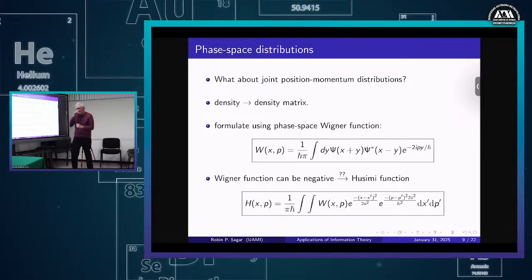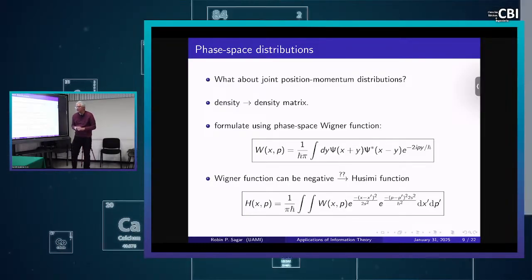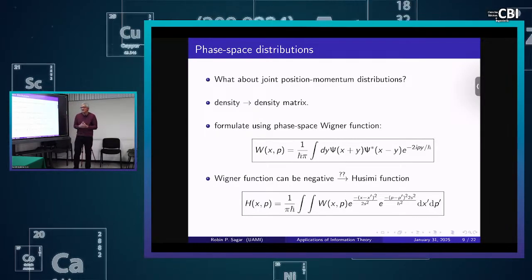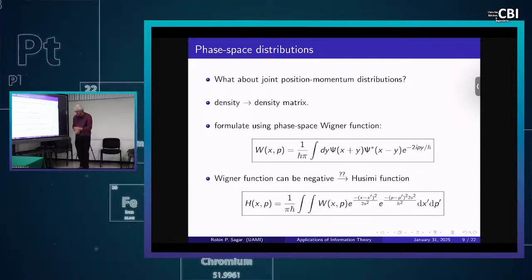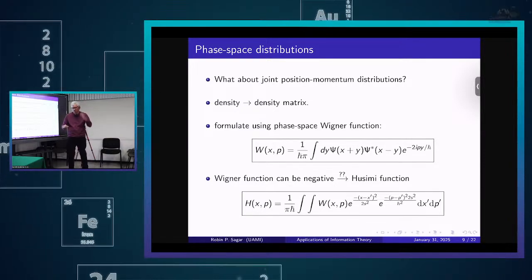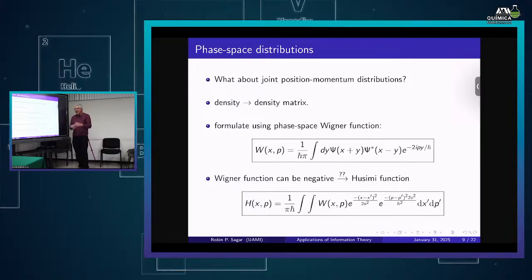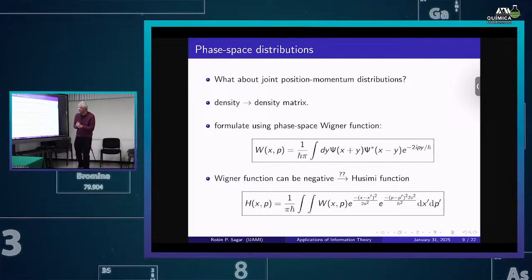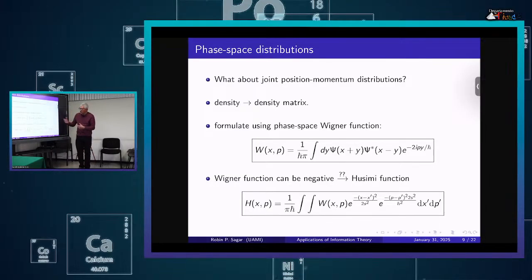Now, other possibilities. If you don't like the negative parts of the Wigner function, you say, no, right off the gate, I don't want to do this because I don't understand what a negative probability is. There are other options. What you can do is use what is called the Husimi function.